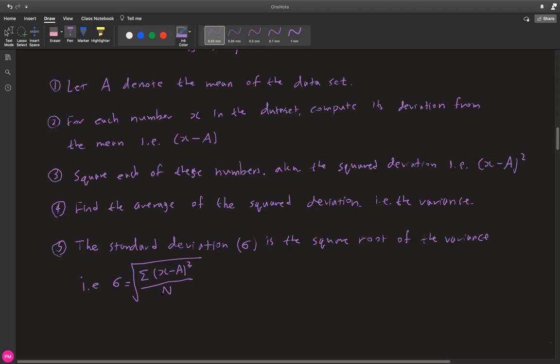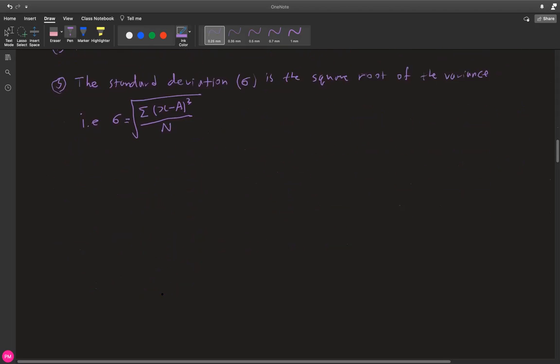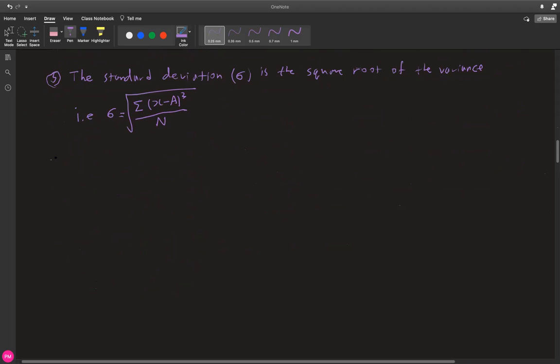Let's do one example about the standard deviation. Let's say a student received the following scores in their homework assignments. Let's actually write out everything.